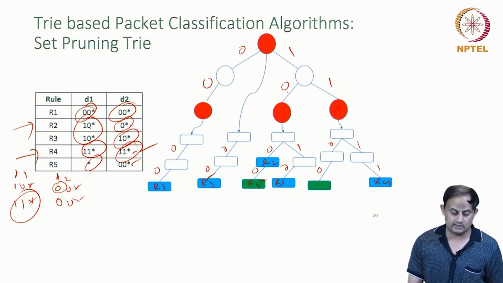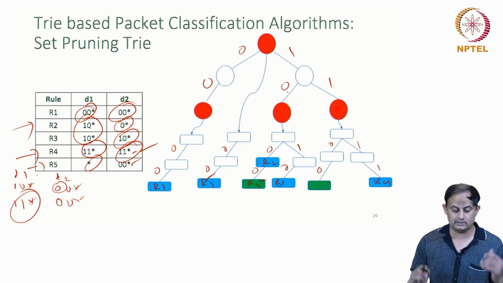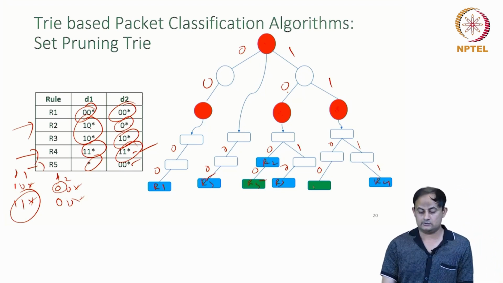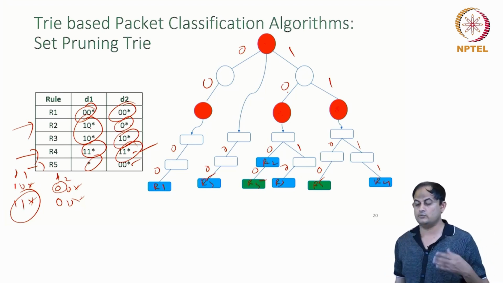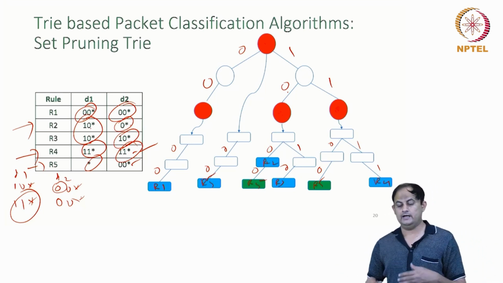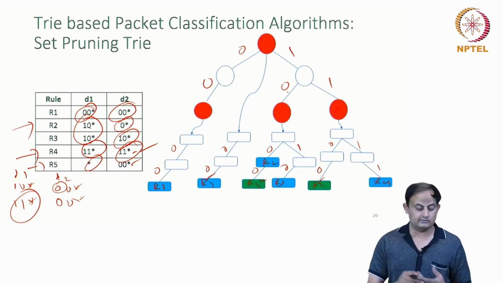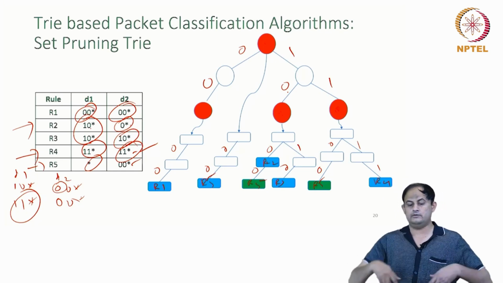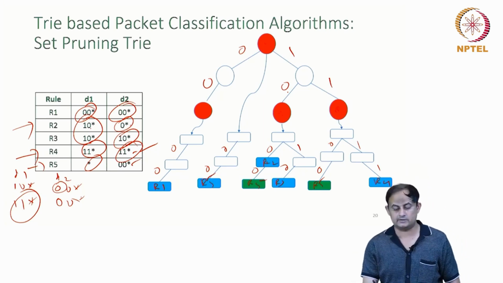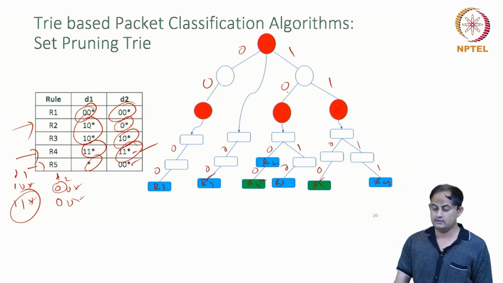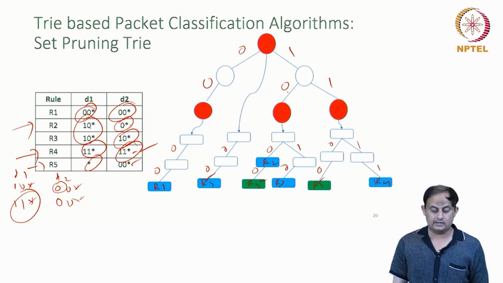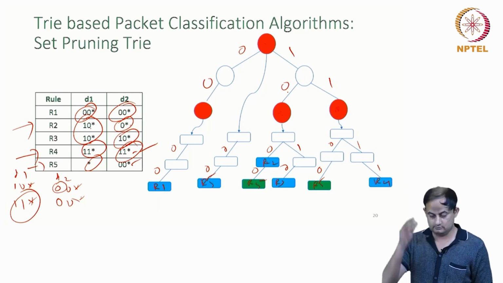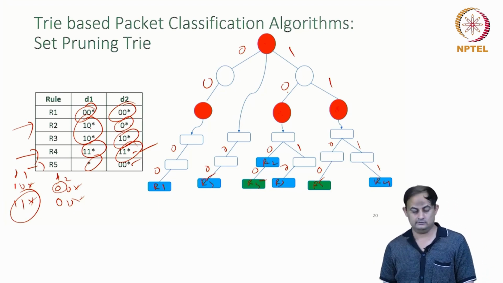So I am going to try another rule, which is the possibility of R5, which is 0 0 star. So this is going to be R5, even if the prefix in the first dimension is 1 1 star. 1 1 star is a subset of the star, and in the second dimension I didn't get 1 1 star, so I would need to backtrack, but instead I also say that 0 0 star is applicable right here. So by doing the replication I am here. That's how I construct the applicable rule for that combination. I replicate the rules and then construct the set pruning tree.